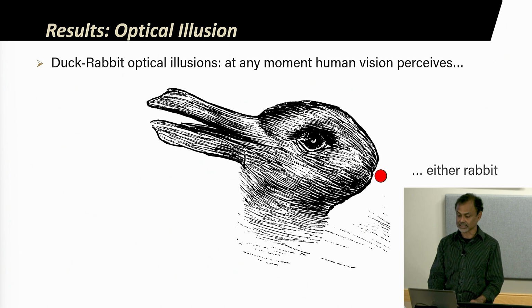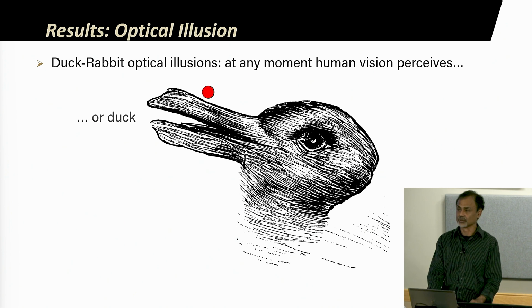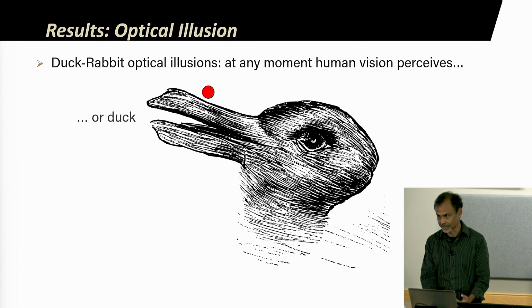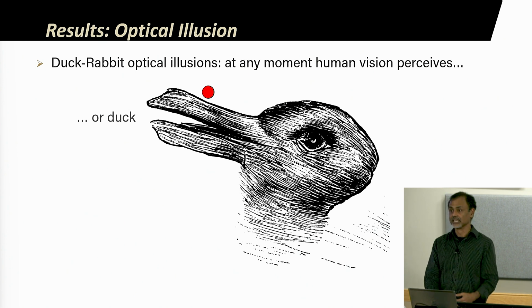However, if you start on the other side and grow your glimpses, you're going to see a duck. You will never see a duck and a rabbit at the same time, which standard deep learning is always going to get fooled by. In this case, you're either going to see a rabbit or a duck, depending on where your fixation points are and how you start.